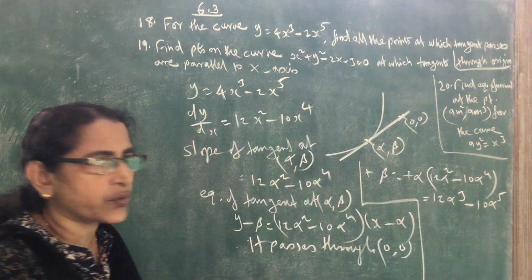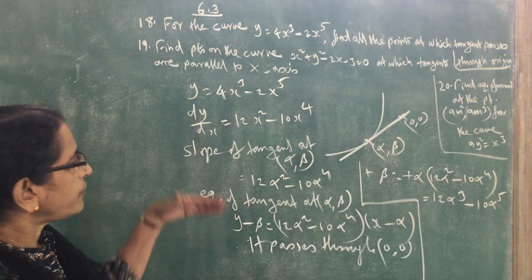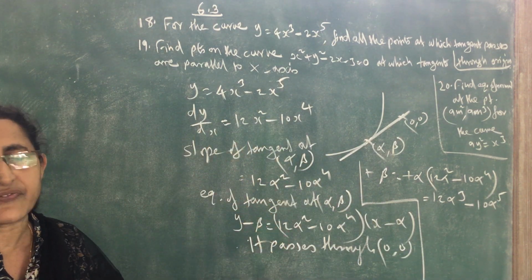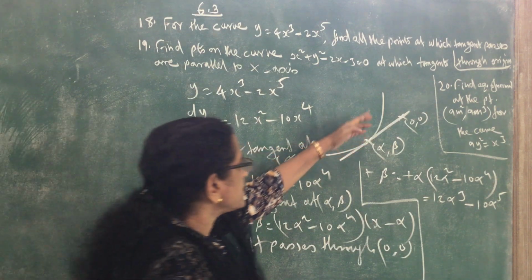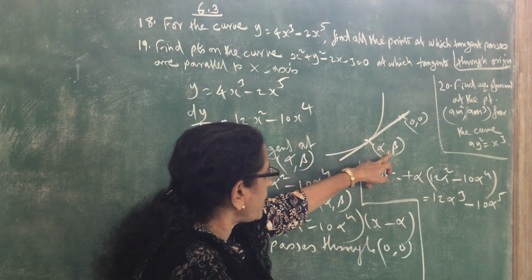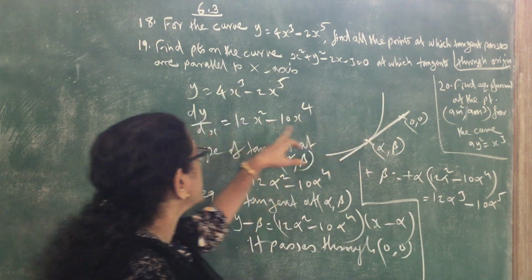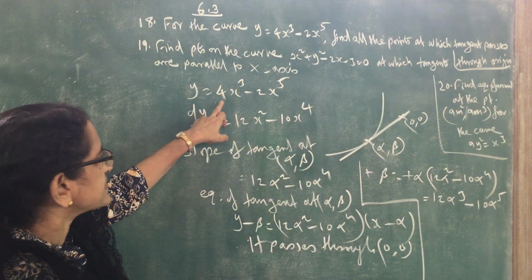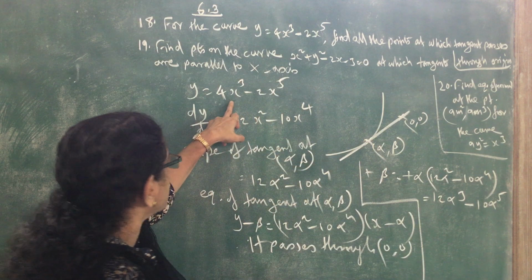Now we got one equation involving alpha and beta. Now we can find one more equation involving alpha and beta. For that, we know alpha beta is a point on the curve, and this is the equation of the curve. So we can substitute alpha beta in the equation of the curve.